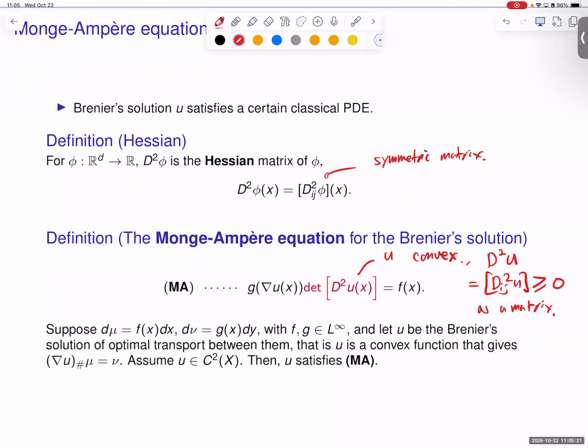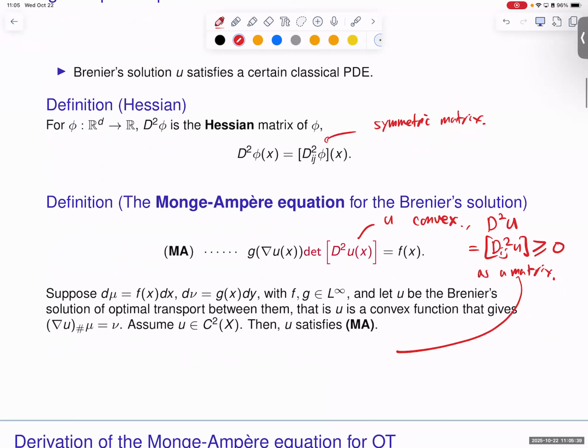What do I mean that a matrix is non-negative? It's positive semi-definite, or non-negative semi-definite. Let me just write it down.